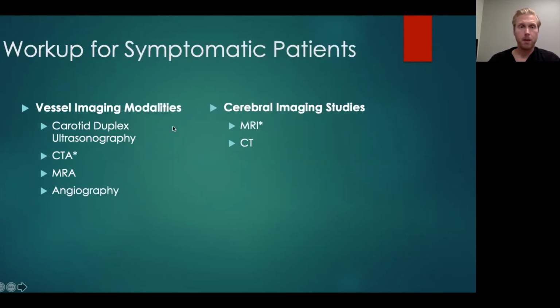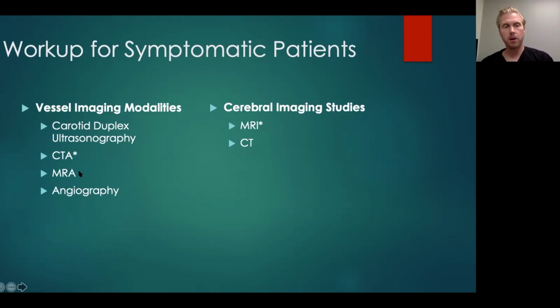All right. What happens if you have a symptomatic patient? Similar imaging modalities in that case. The gold standard is angiography if you want to truly understand the degree of stenosis and what's going on with the plaque as far as ulcerations, thrombus layering, and all these types of things.